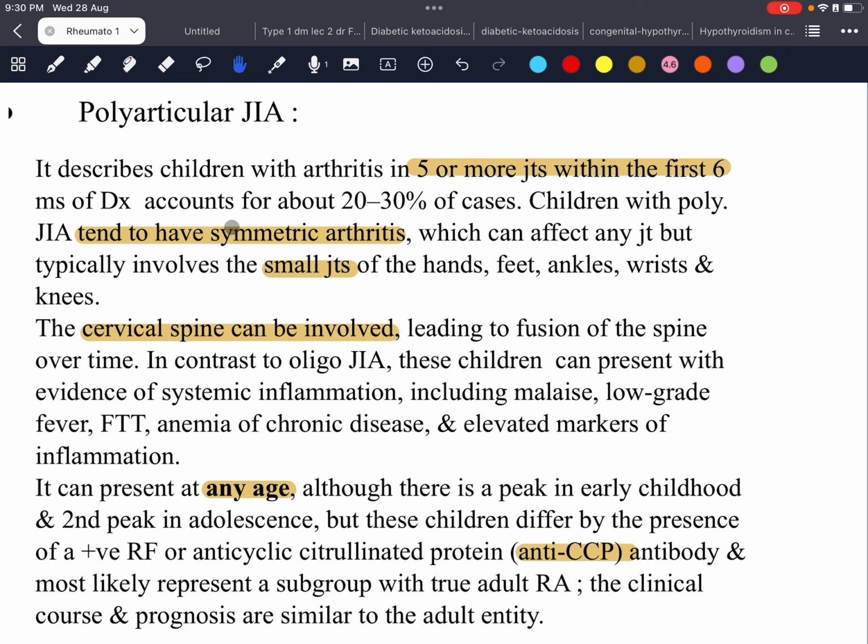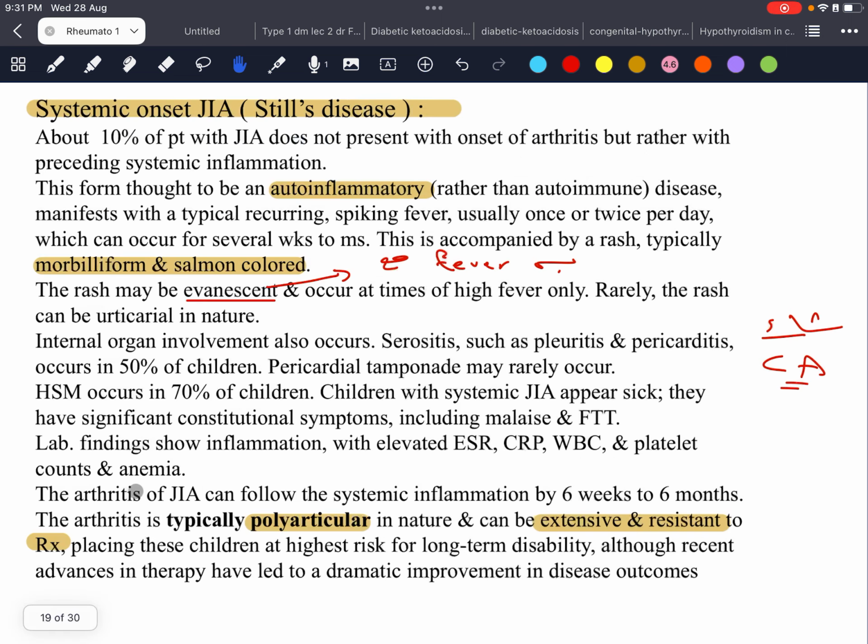So the patient may have a low grade fever, failure to thrive, and anemia. Okay, lab investigation shows elevated markers of inflammation like ESR and C-reactive protein, and it could occur at any age. In the oligoarticular form, we see the presentation mainly from the first to 3 years of life. And polyarticular could be rheumatoid factor positive or rheumatoid factor negative.